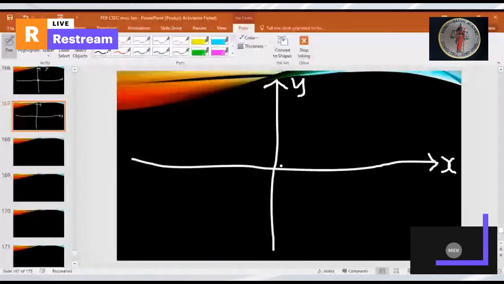In our set of coordinates, the first number will tell you your x value. The second number will tell you your y value. We move along the x, then we move on the y, and then we put the point that we get.